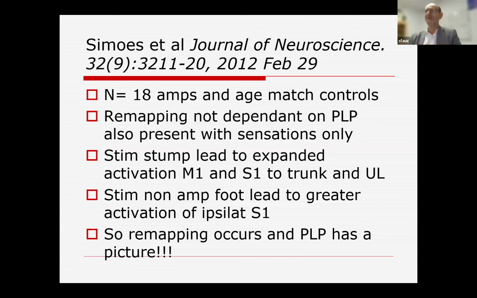So I guess essentially what they were saying is if they stimulated the stump, there was a remapping of the homunculus, which meant that the sensory feedback coming from the limb was being reorganised in the brain.